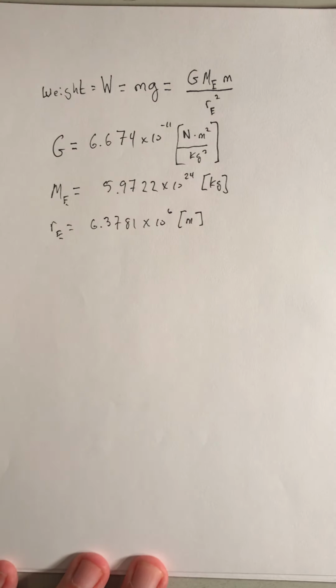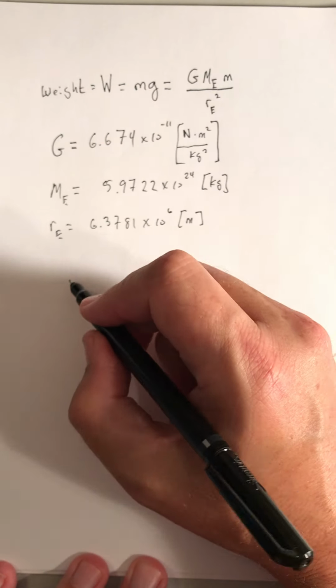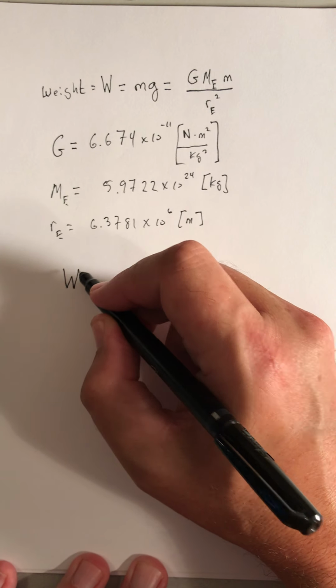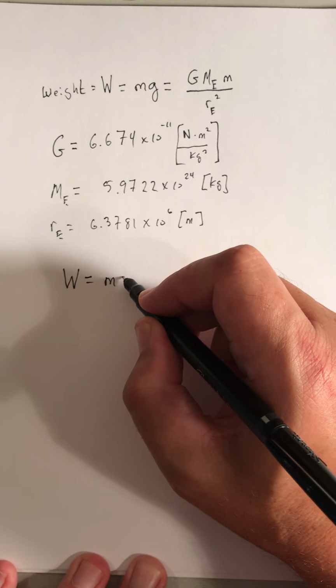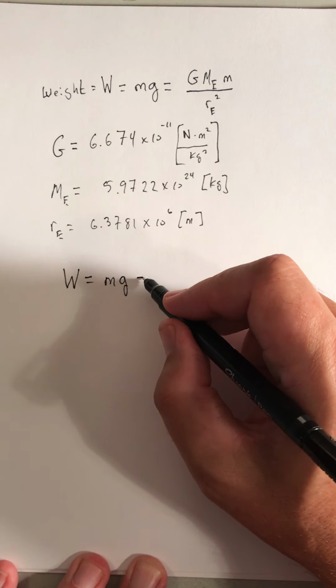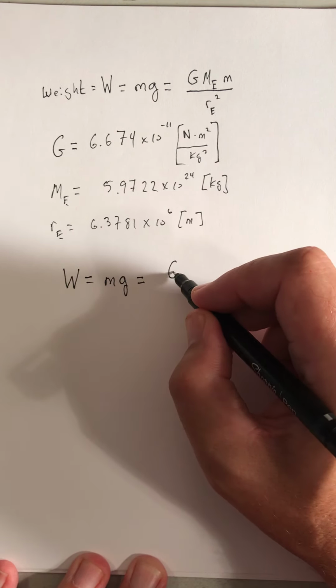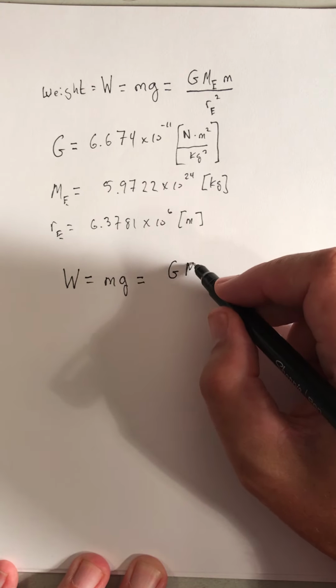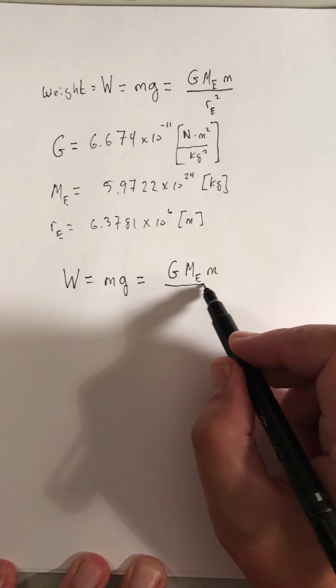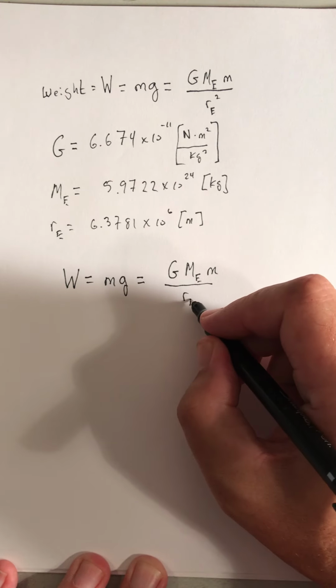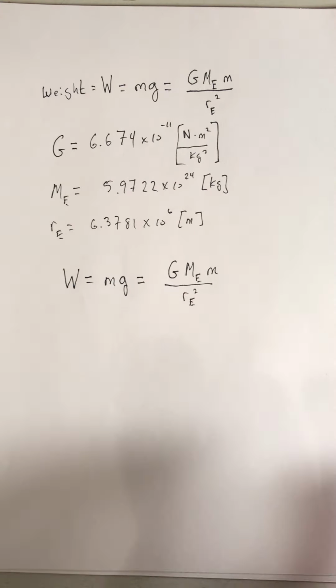All right, so let's get back to our equation for the weight. Weight is going to be your mass times little g, which will be big G, mass of the Earth, times your mass over the radius of the Earth squared.